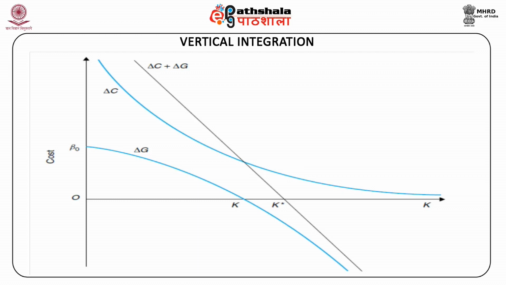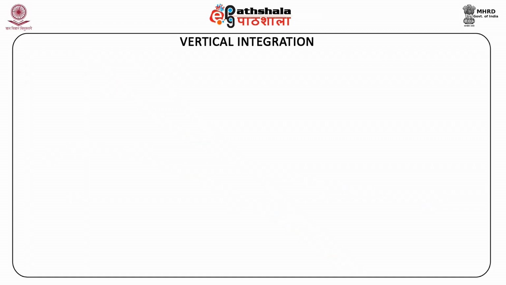When it is negative, vertical integration is preferred as the production cost savings fail to offset the exchange cost of using the market. The firm will be located to the right of K star. Thus, market exchange is preferred when asset specificity is low and vertical integration is preferred when asset specificity is high.